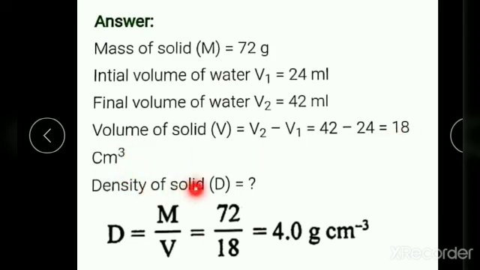Then density of the solid D you have to find out, right? You know the formula, it is mass by volume. Mass is given and volume you have found, so 72 divided by 18 gives you 4 gram per centimeter cube. That is the density of that solid. Okay, did you understand this?